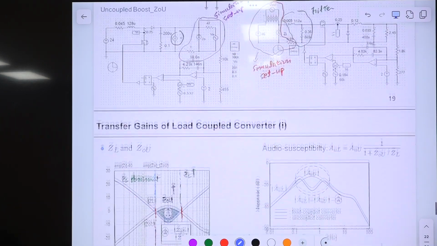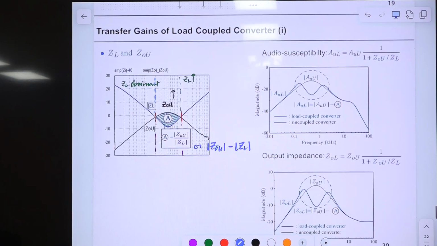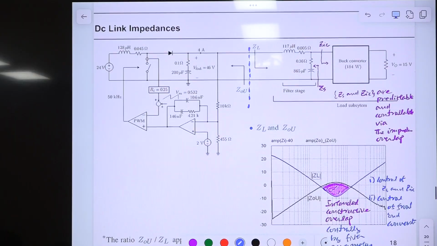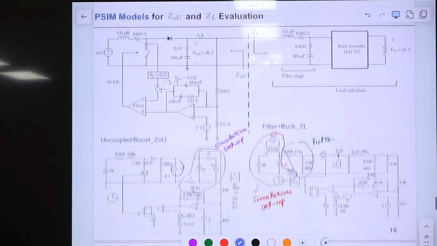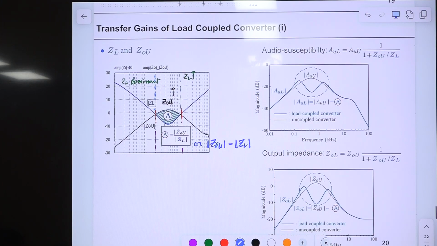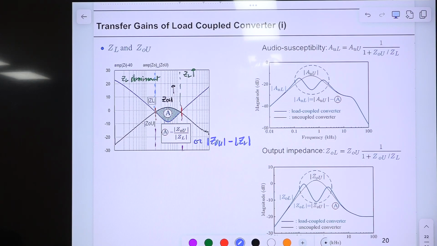Then this is the simulation result using this setup, simulating everything integrated. So this is the loop gain comparison at the inner phase A. So this is the GL, GOU.